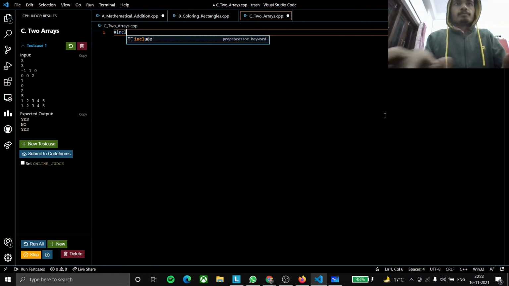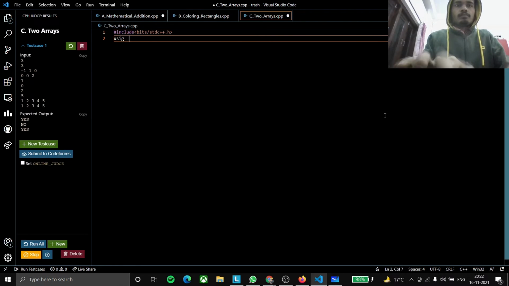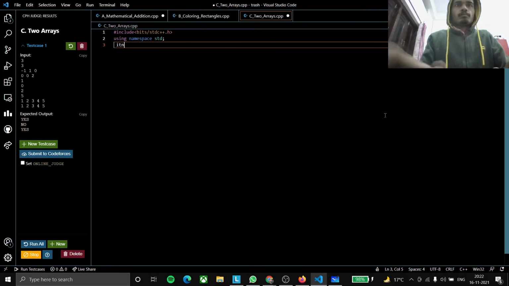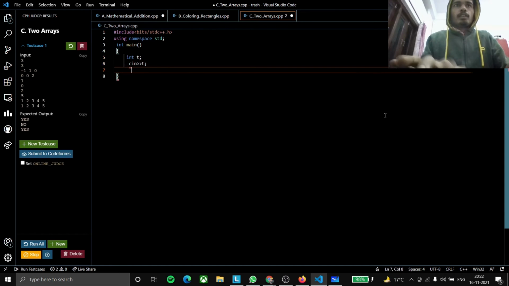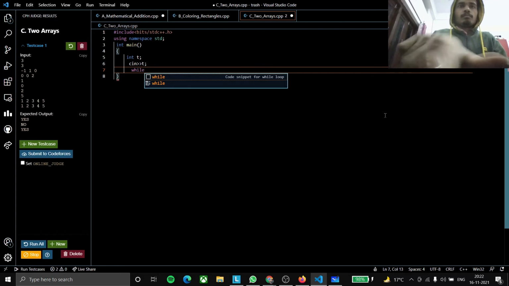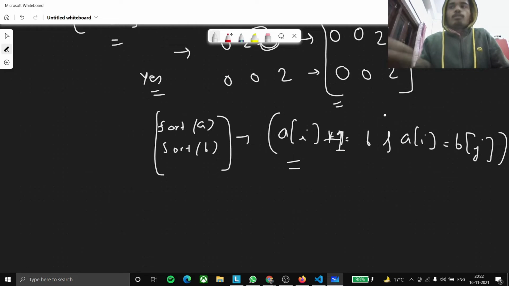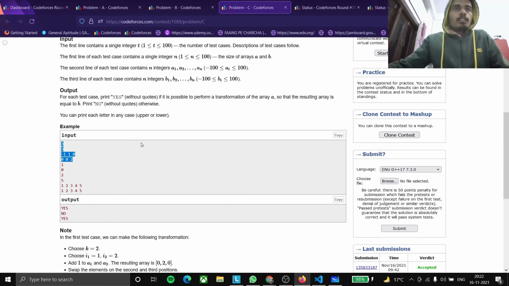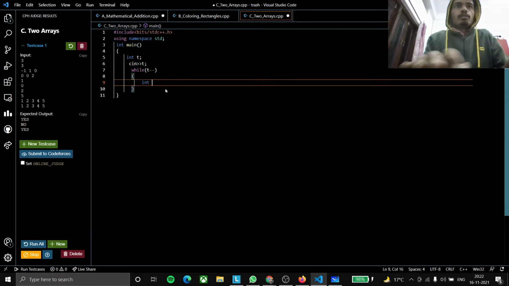So we have test cases as T, and what is the range, let me see. N is up to 100, so very small ranges, no issue.